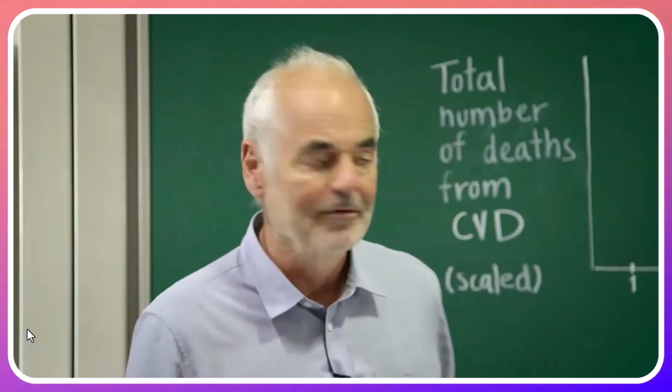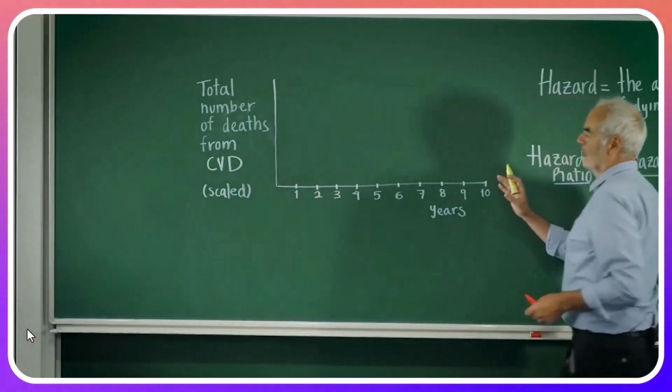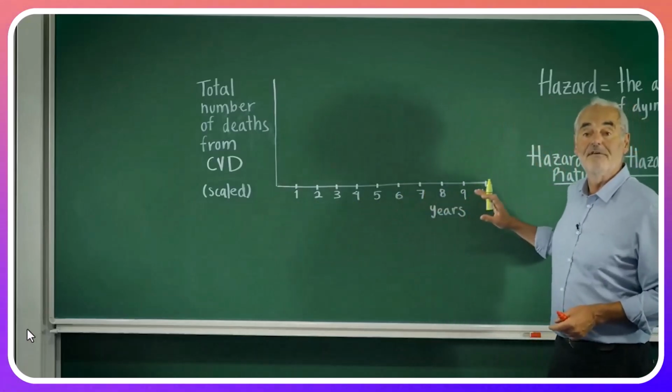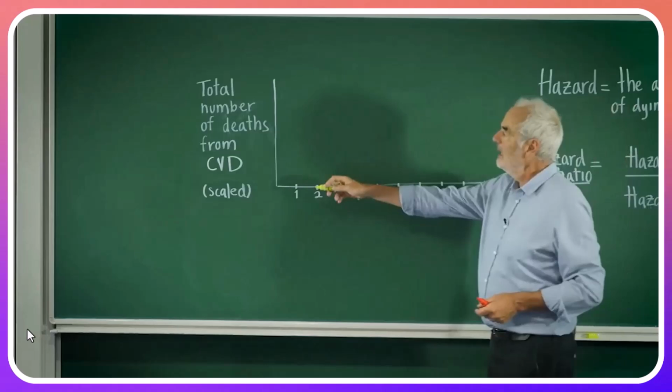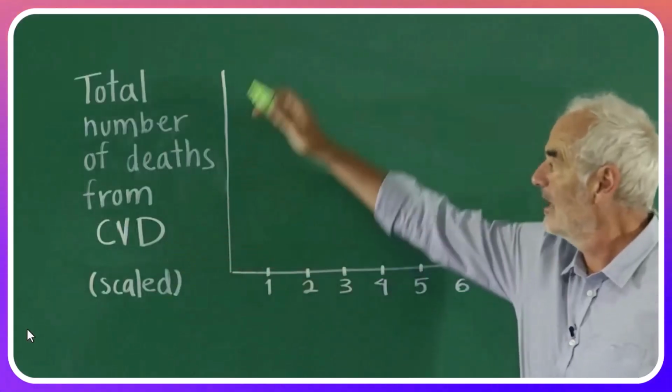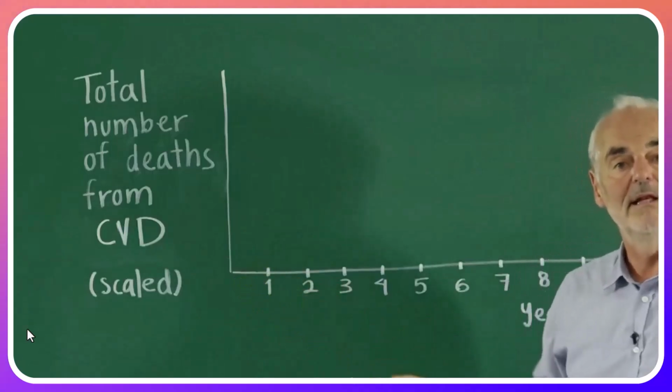So let's look at a plot. Here's a graph which along this axis shows the years for which the people have been followed up to 10 years. And along here, we see the total number of deaths from cardiovascular disease, but this has been scaled in proportion to the number of people in each group.